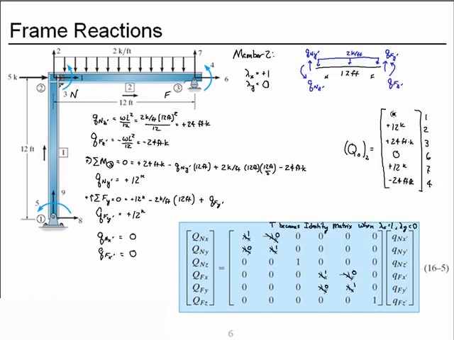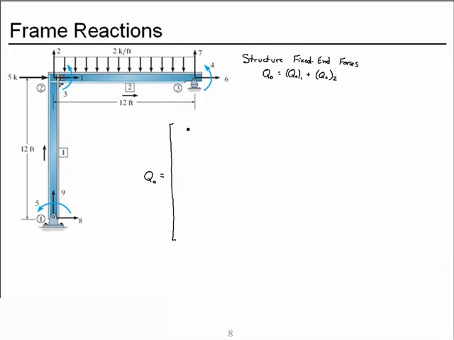And for member 2, degrees of freedom 1, 2, and 3 are 0, 12 kips, and 24 foot kips. So for degree of freedom 1, we have the 0 from member 1 and the 0 from member 2. Degree of freedom 2, we have the 0 from member 1 and the 12 kips from member 2. Degree of freedom 3, 0 from member 1, and the 24 foot kips from member 2.